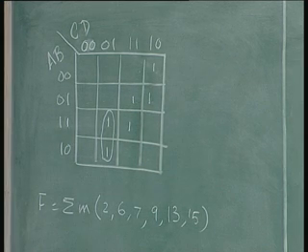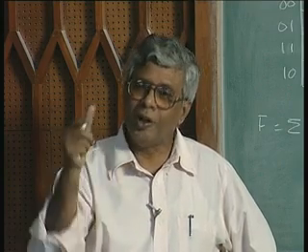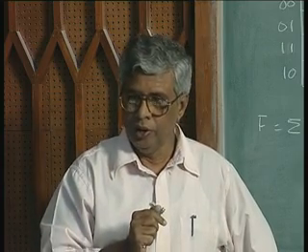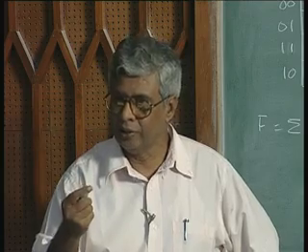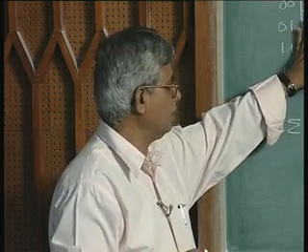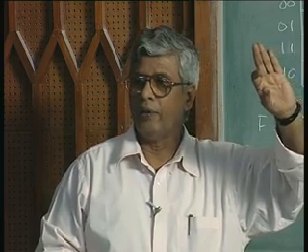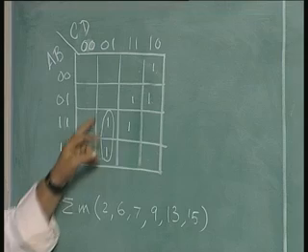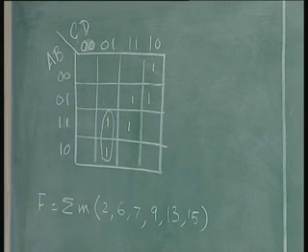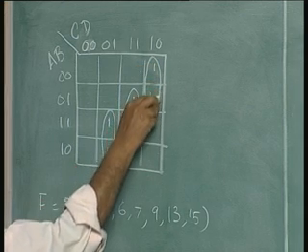As long as you can cover a one more than once, if it can result in a smaller group, fine. If something is not going to result in a smaller group, there is no point in covering a one more than once. So, in this case this is going to be a group, this is going to be a group, this is going to be a group. All groups are having 2 ones. So, there is no point in unnecessarily doing this and doing this. This is how I will write this.